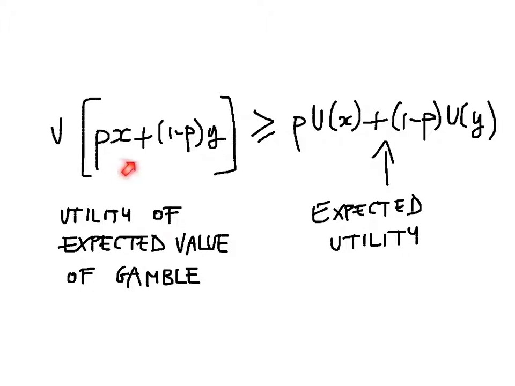So here's the expected value of the gamble, and this is something that we're assuming that we're getting with certainty, and we're just looking at the utility of getting this amount. So this is risk aversion in a nutshell. Risk aversion tells us that the utility of the expected value of a gamble is greater than or equal to the expected utility of that gamble.